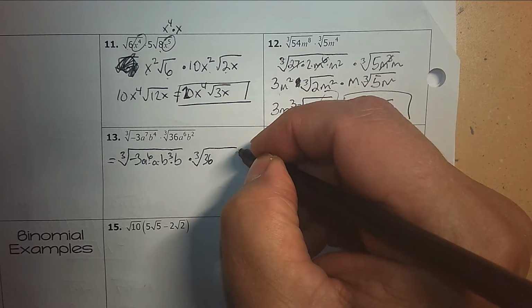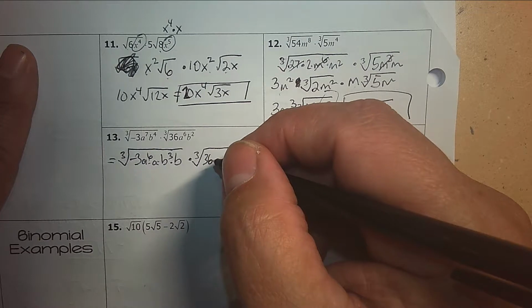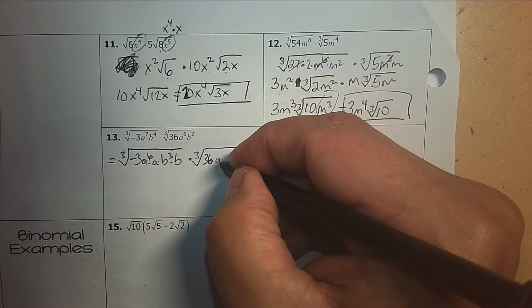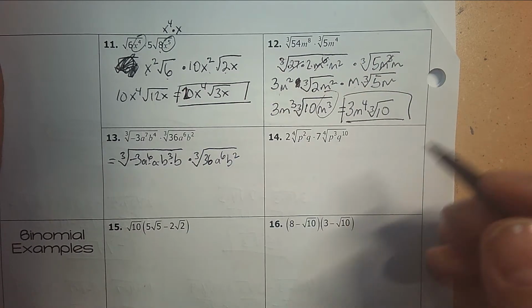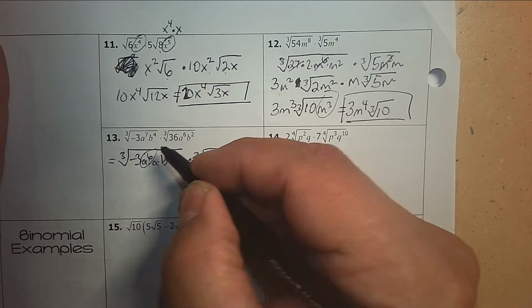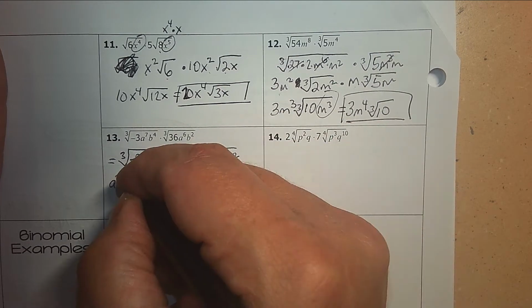I can't think of a way to simplify the cube root of 36. I don't think there's a perfect cube that goes into it. Felt like there would be. a to the 6th and b squared is fine. So, a to the 6th becomes a squared. b cubed becomes b.